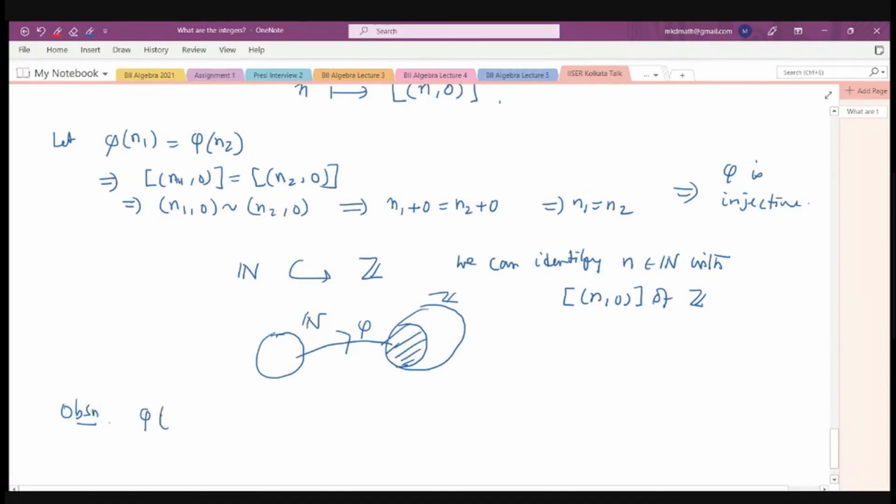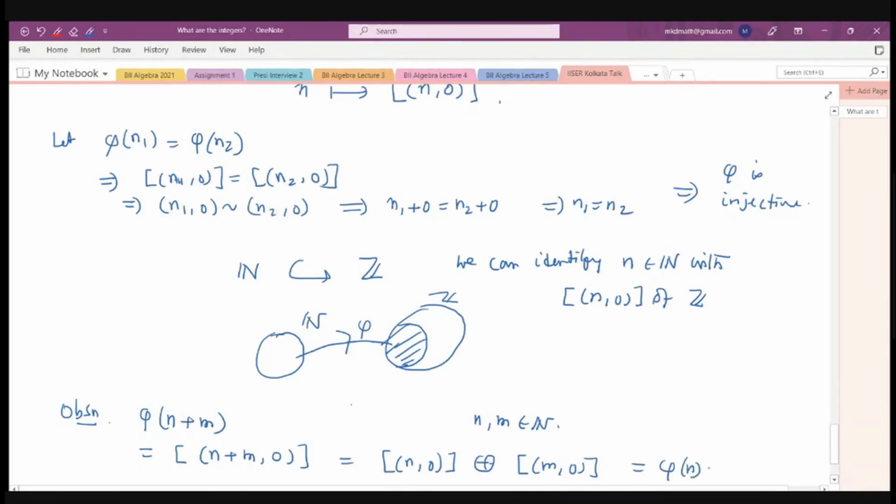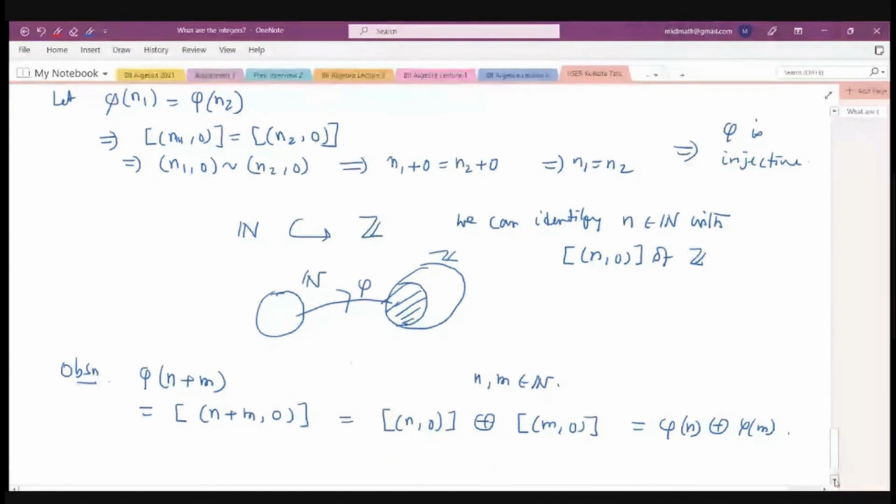Also observe that phi of n plus m, where n, m are two natural numbers, is equal to, by definition, the class of (n plus m, 0), which is the same as the class of (n, 0) circle plus the class of (m, 0), which is phi of n plus phi of m. The point being that phi is not just a map.